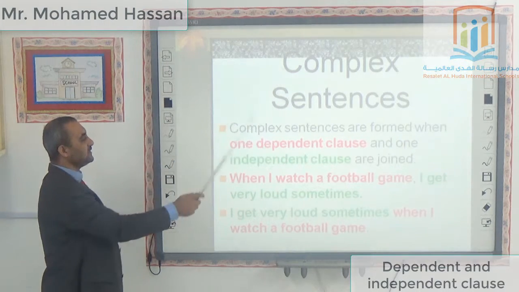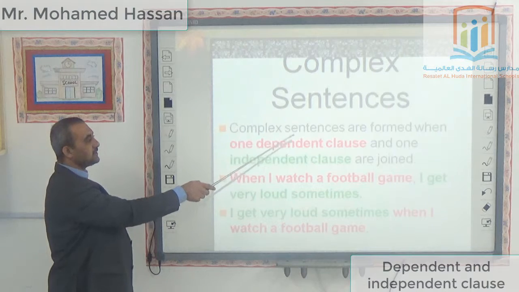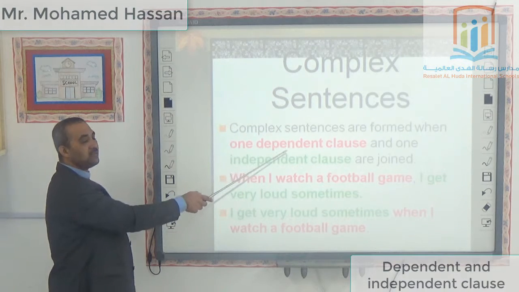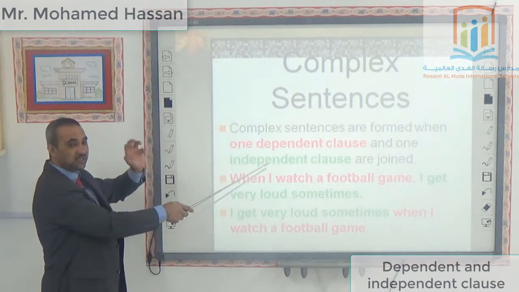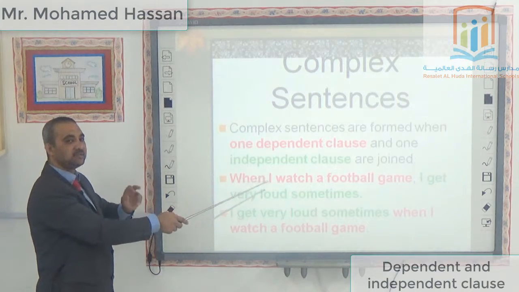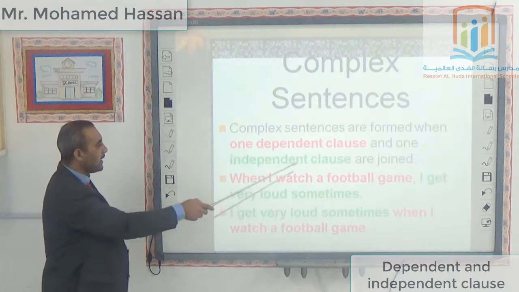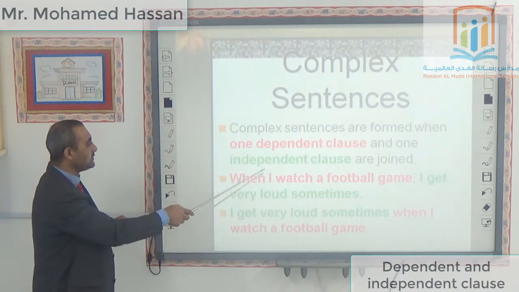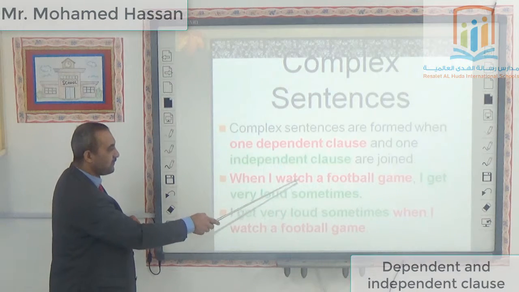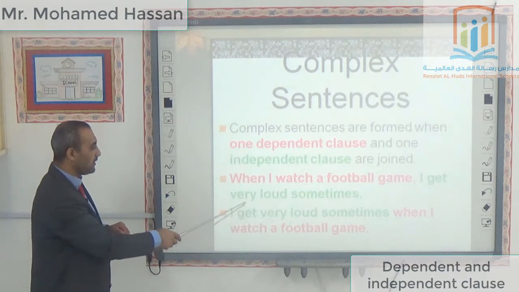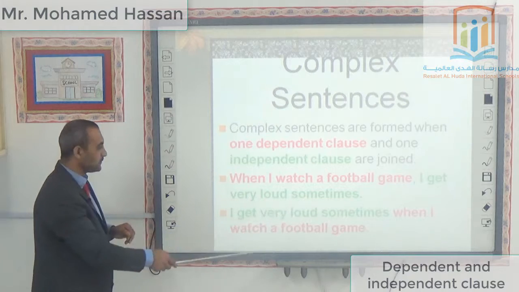Complex sentences. Complex sentences are formed when one dependent clause, which cannot stand alone in a sentence and doesn't give you a complete meaning, and one independent clause are joined together. When I watch a football game, I get very loud sometimes.